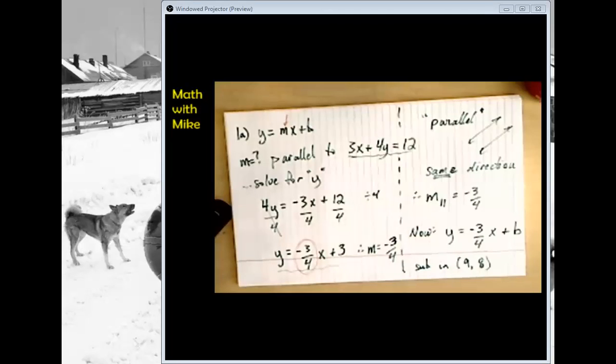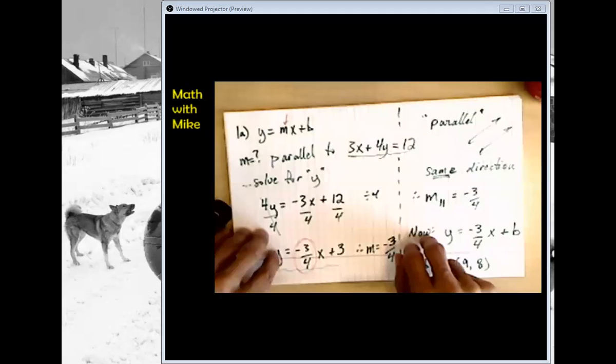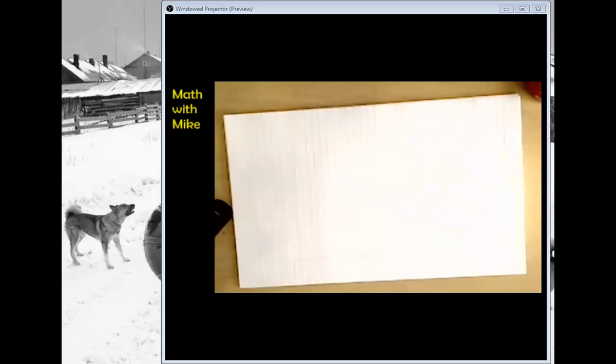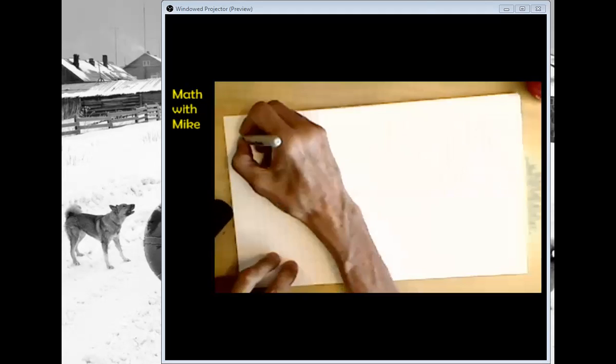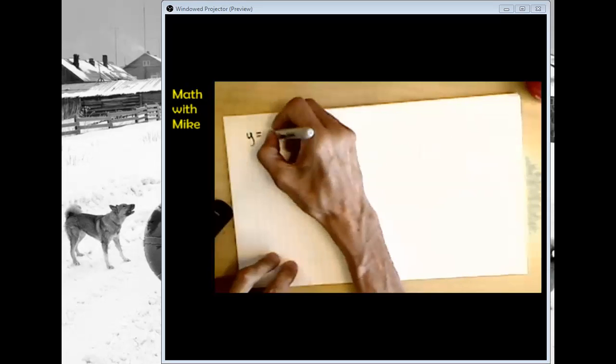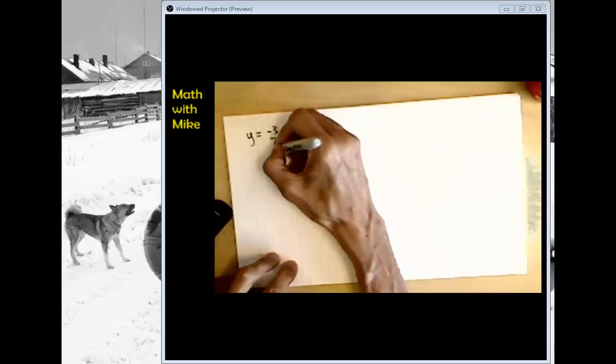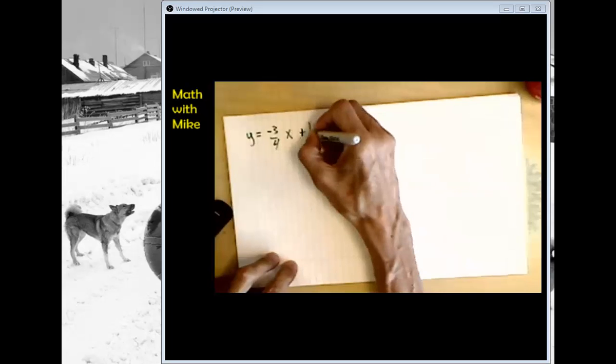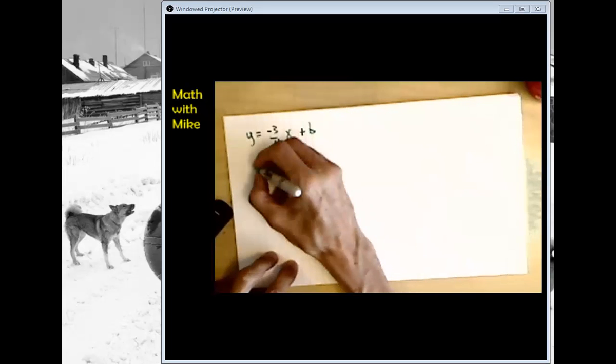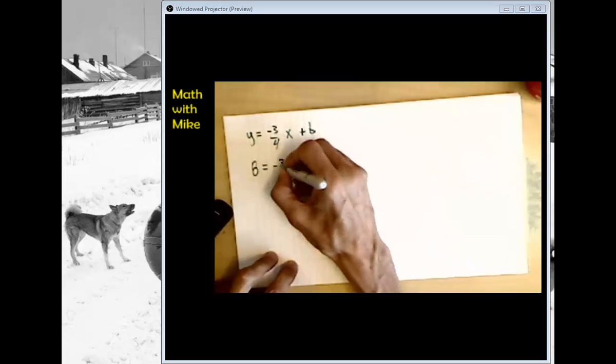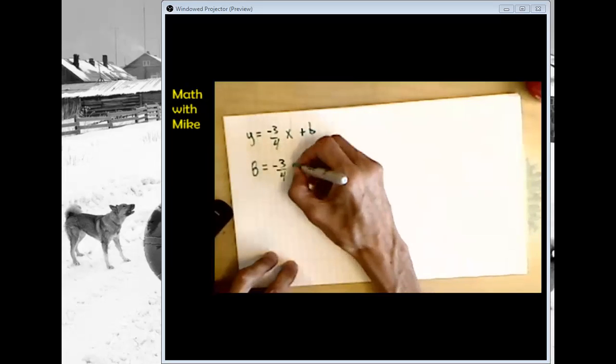Okay, so we have y is equal to -3/4x plus b. The y value is 8. The x value is 9.